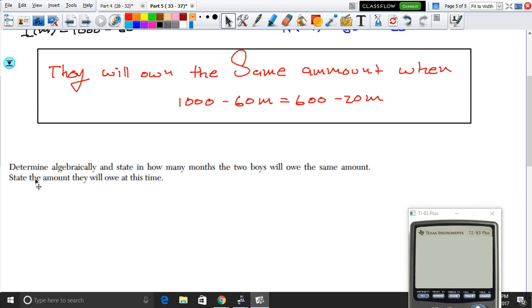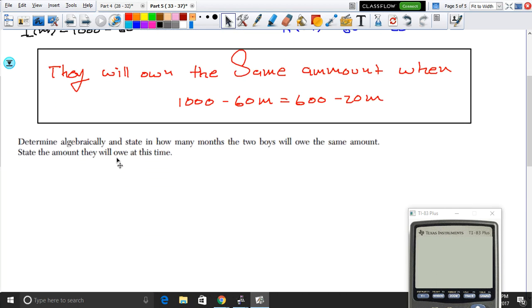Now, if we read here, it says determine algebraically and state in how many months the two boys will owe the same amount. All right. So we already have an equation for it. This is the equation to see when they're going to owe the same. So let's just write it out again.